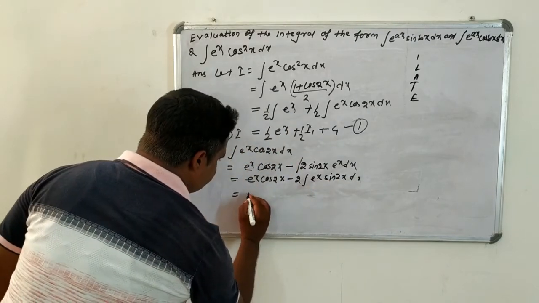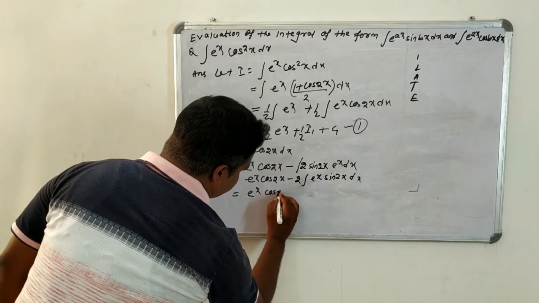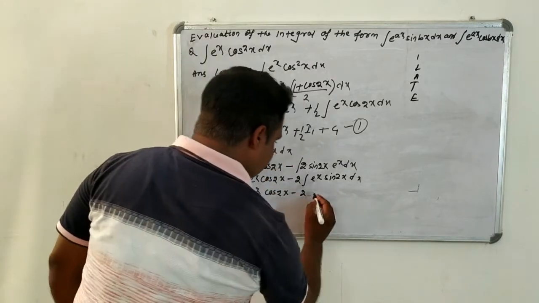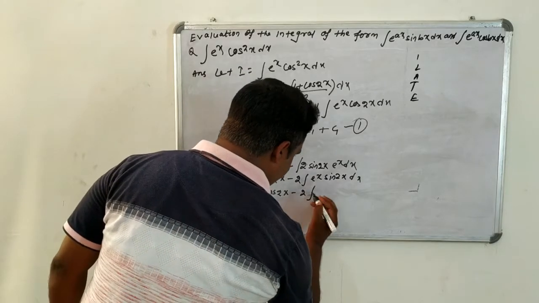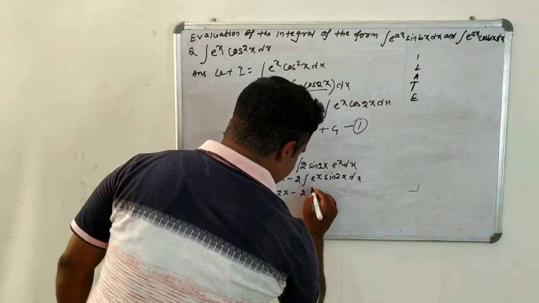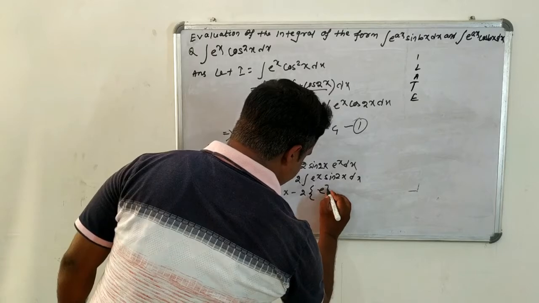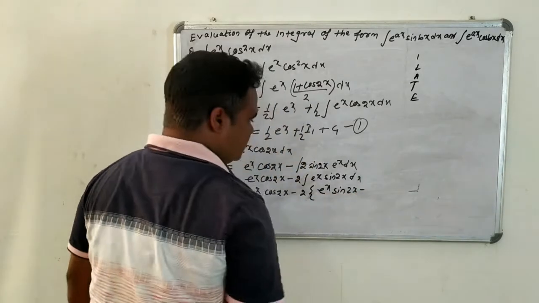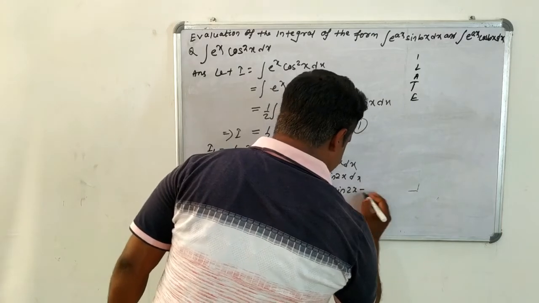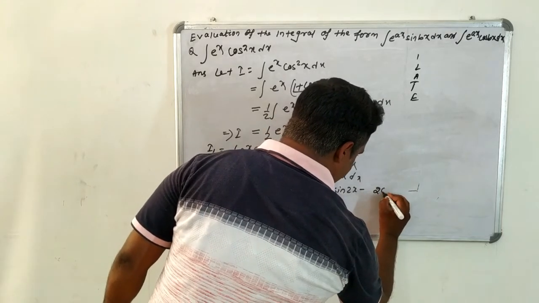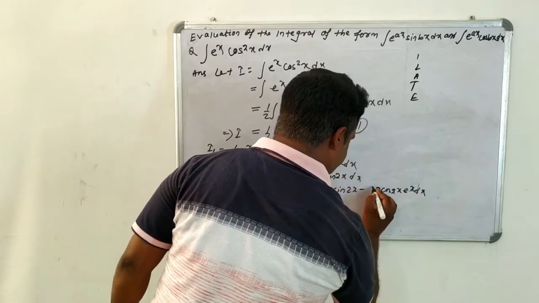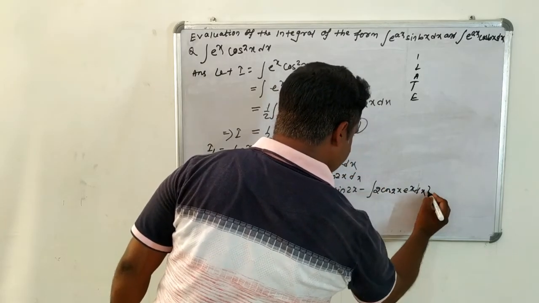So this value equals e^x cos 2x minus 2 times the integration, again by parts: e^x integral value, sin 2x as the first function constant, minus e^x, the derivative of sin 2x being 2 cos 2x, times e^x dx, the integral value.